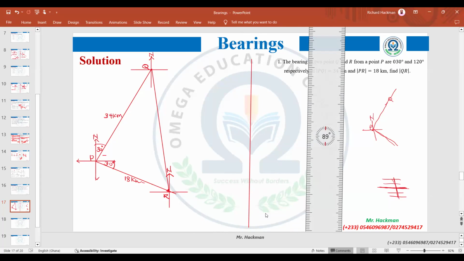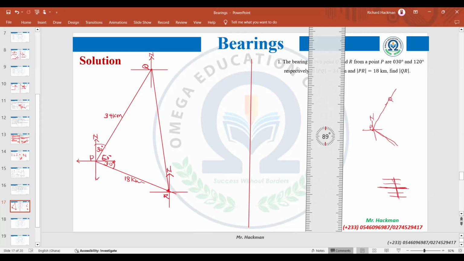Always one of the interior angles will be known. And I repeat, always one of the interior angles will be known. If you look at it clearly, you can see that it is this interior angle that we can easily find. So this is 30. So you know that the remaining angle here will be 60. Do you agree?